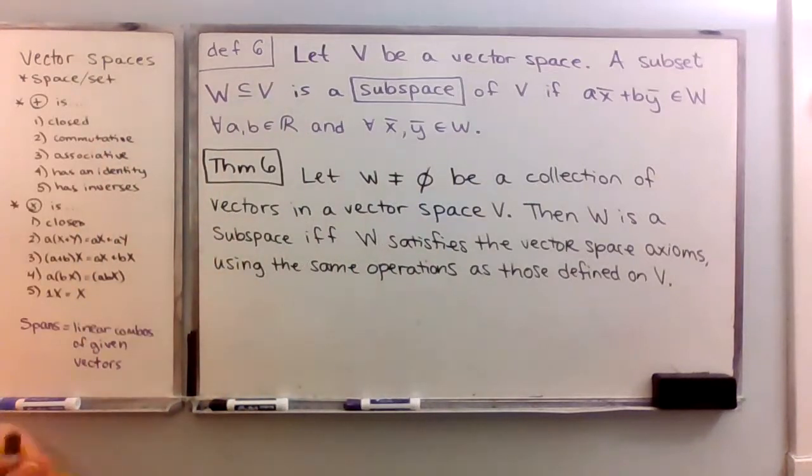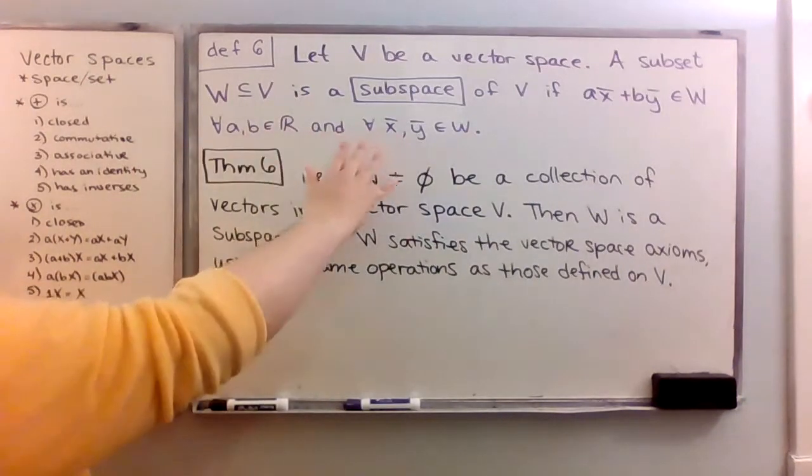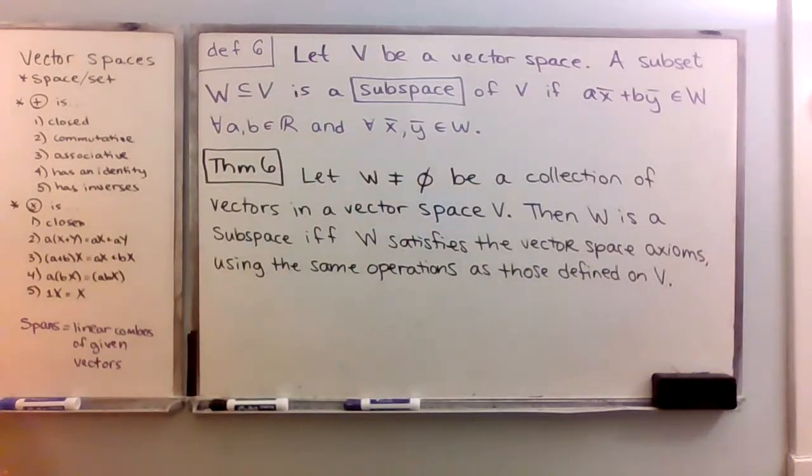So we could determine if a subset is a subspace by checking to make sure all linear combinations are available there, or by checking off all of these vector space axioms.